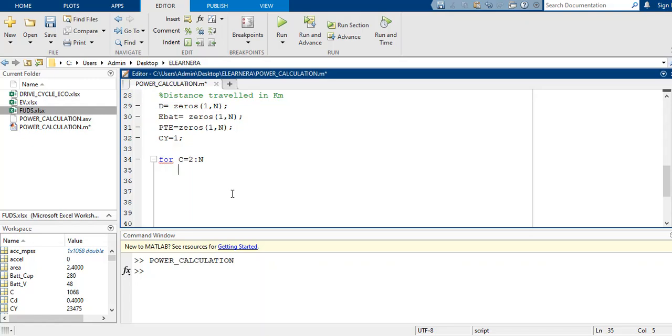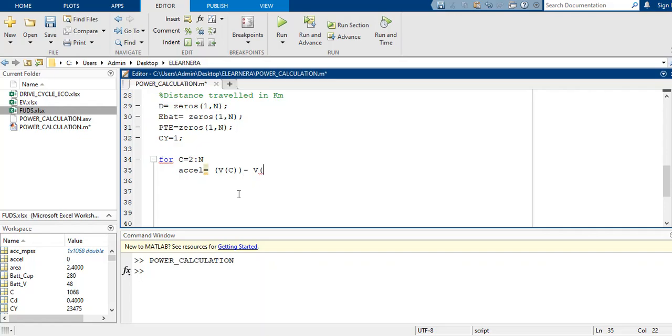Then we are going to find acceleration here, that is, acceleration is equal to velocity v in matrix form, that is C bracket complete minus v, that is velocity.